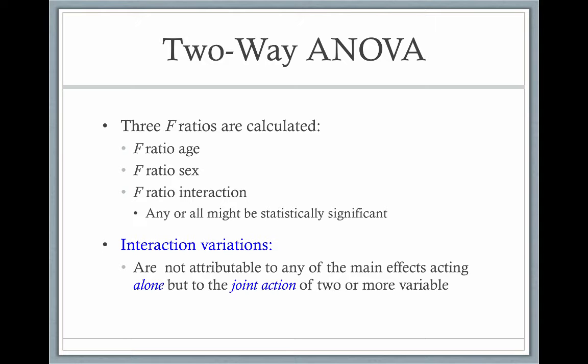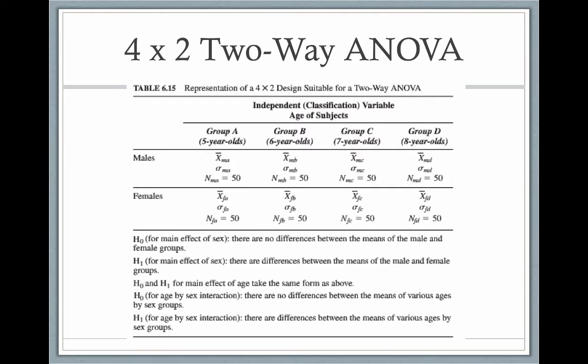Interaction variations are not attributable to any of the main effects acting alone, but to the joint action of 2 or more variables. So here we go. Now we have 8 groups, and we look at the mean and the variance within each group. And we have null hypotheses. There's no difference between the means of the males and females. Here's another one. There's no difference between the means of the various age groups, right?